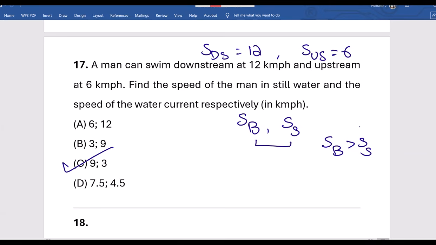Or SDS is nothing but SB plus SS. SES is nothing but SB minus SS. Adding those two, divide by 2, subtracting those two, divide by 2. 12 plus 6 divided by 2, 12 minus 6 divided by 2. No need of all those formulas, we can just handle it using the options also.